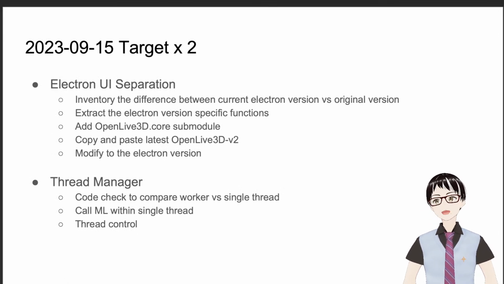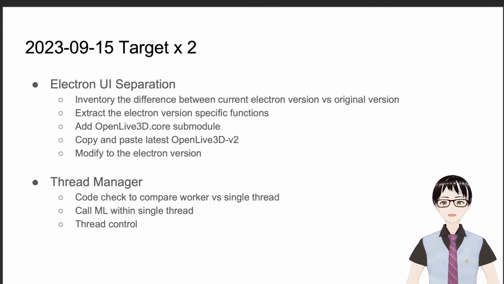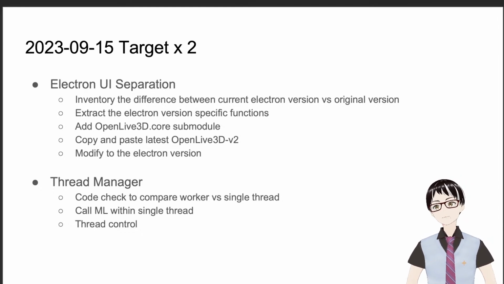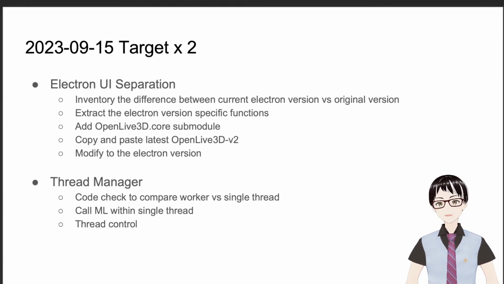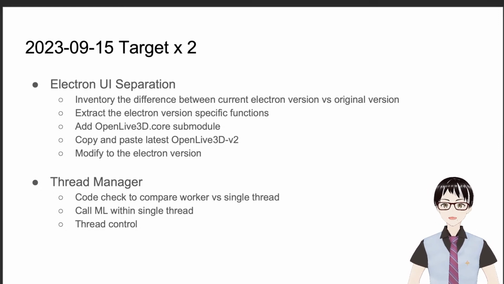If we list down the development items today, this is what I thought we will need, right? For the Electron UI separation, we will first need to check what the difference is between the Electron version and the original version, since we have already changed a lot of the code. After we copy a lot of the files from our website, we will need to change the code.